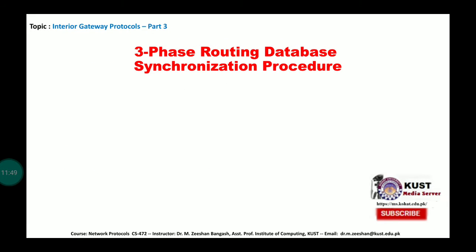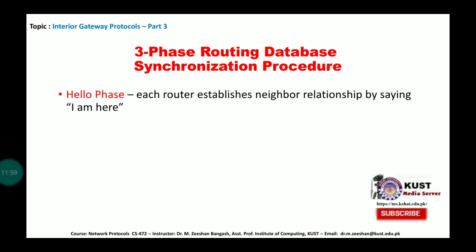Now about the phases of routing. It is divided into three different phases. The first phase is basically the hello phase, in which a hello packet is disseminated to each neighboring router in order to develop a relation.